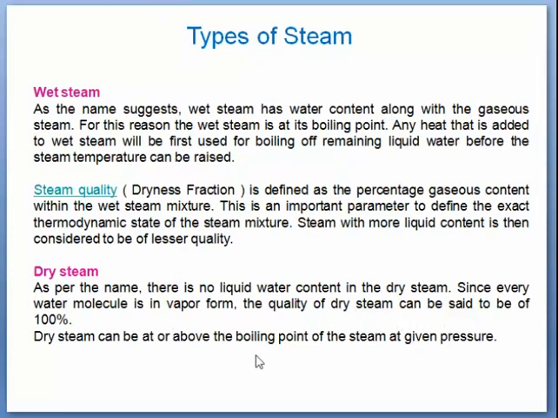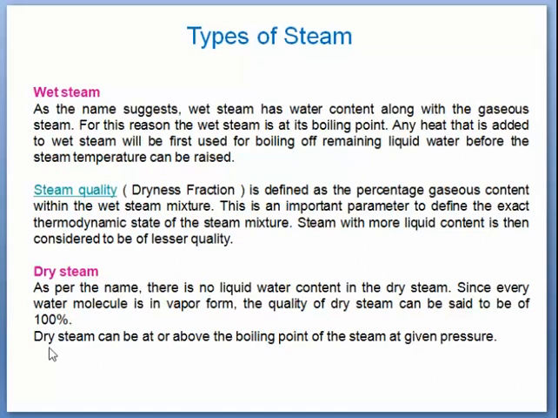So dry steam can be at or above the boiling point of the steam at given pressure. If the dry steam is at saturation temperature, then it will be signified as dry saturated steam.